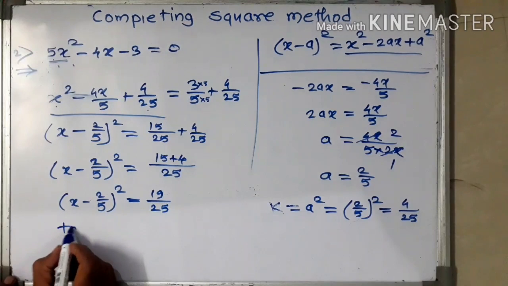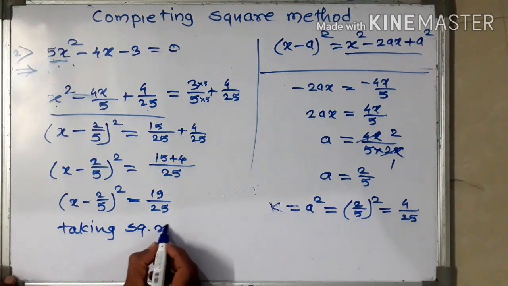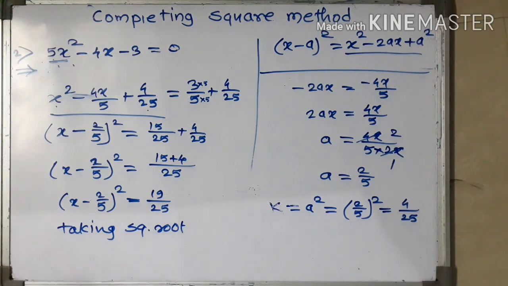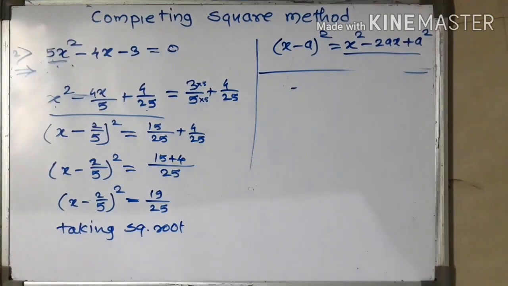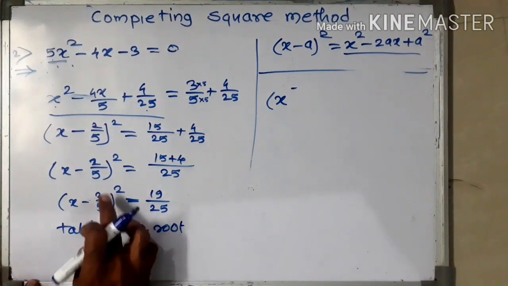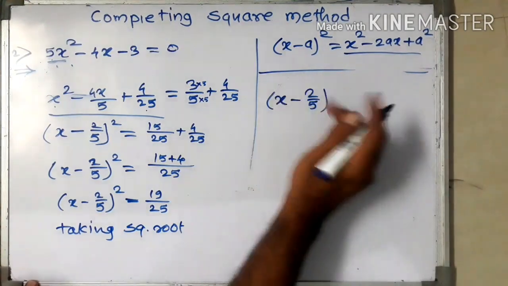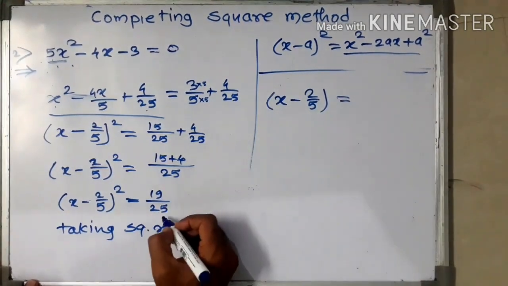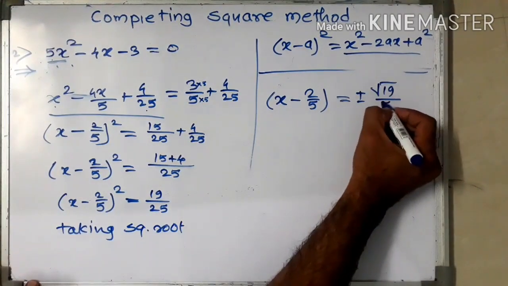By taking square root, the root of (x minus 2 upon 5) square is x minus 2 upon 5, and the root of 19 upon 25 is plus or minus root 19 upon 5.